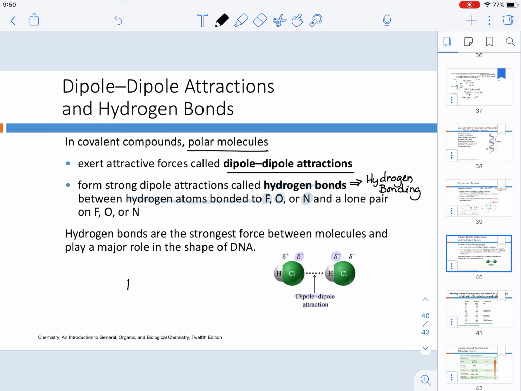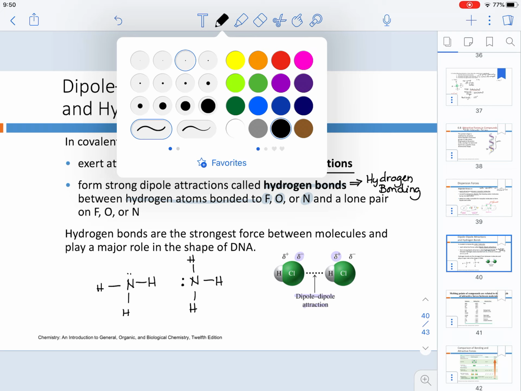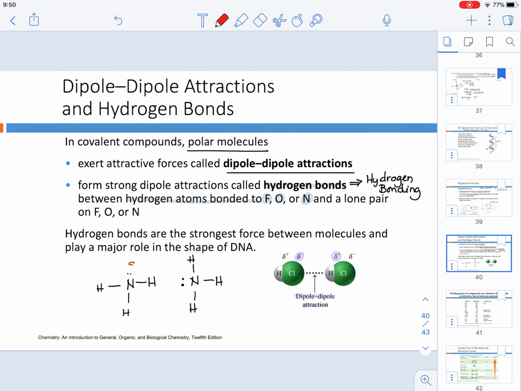So let's look at two molecules of ammonia. Looking at the electronegativity difference between nitrogen and hydrogen, we can tell that the nitrogen is going to be delta negative. Any hydrogen is going to be delta positive.